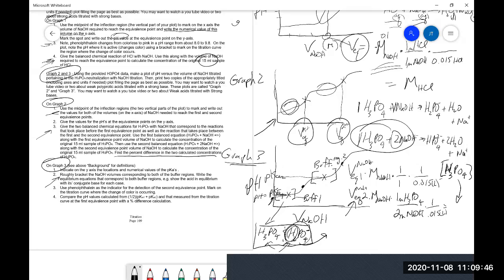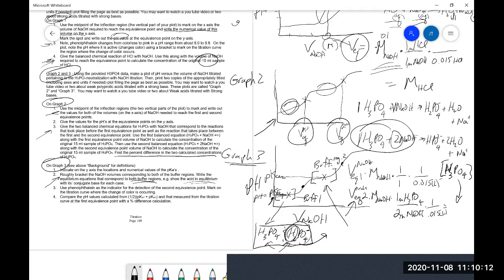So it can act as an acid or a base. When something does that, we call that amphoteric. So you're going to figure out what's in this region as far as the buffer system, and that'll address this question. And you want to show the acid in equilibrium with its conjugate base.